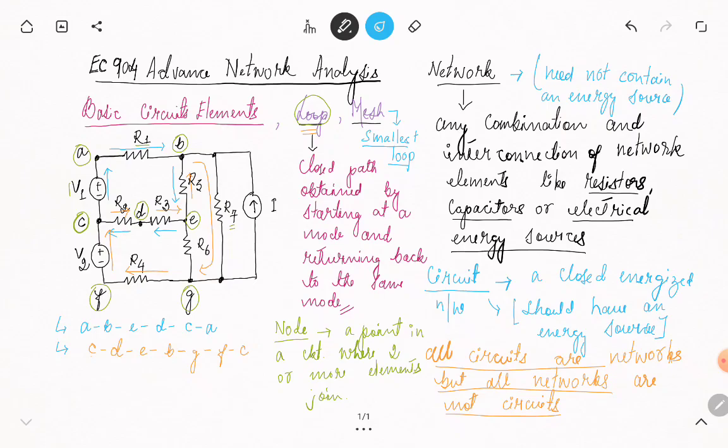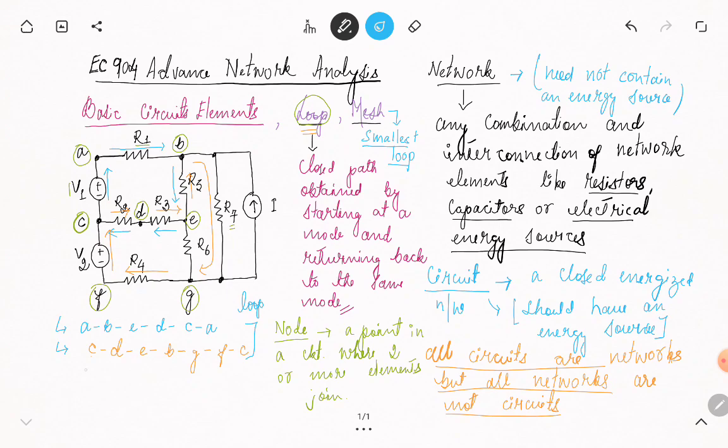For example, this is an example of a loop, and the example of a mesh is this. A mesh is a loop, but also the smallest loop.